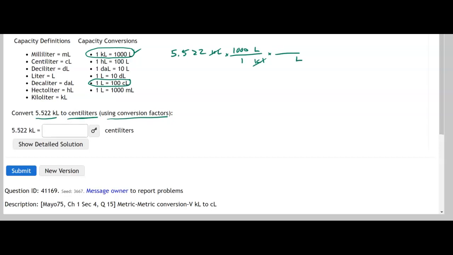So we want liters in the denominator, so that will reduce and we end up with centiliters. And it tells us that 1 liter is equal to 100 centiliters.